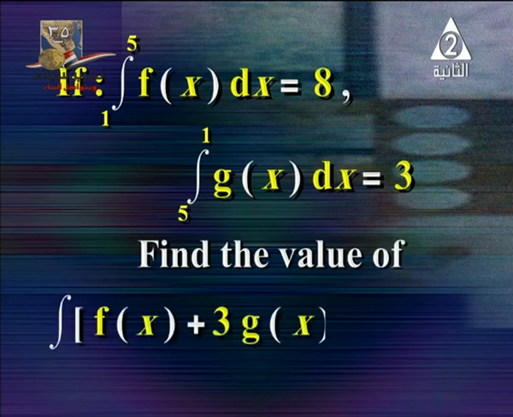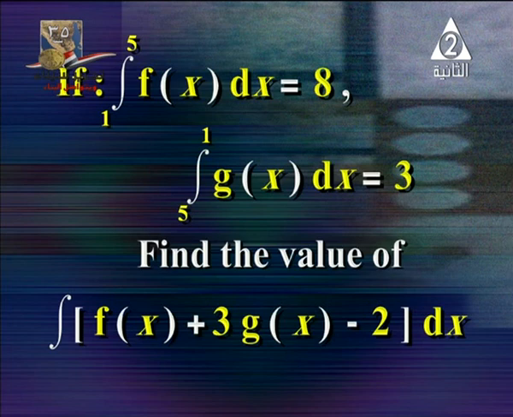Find the value of integration of bracket f of x plus 3 g of x minus 2, with respect to dx, from 1 to 5.